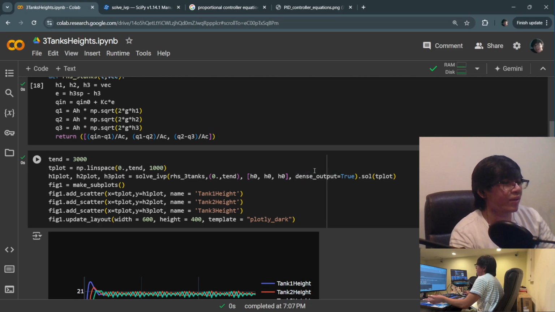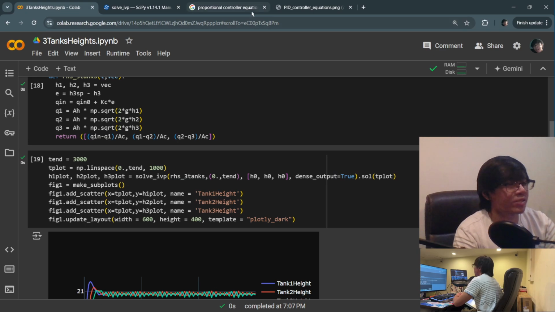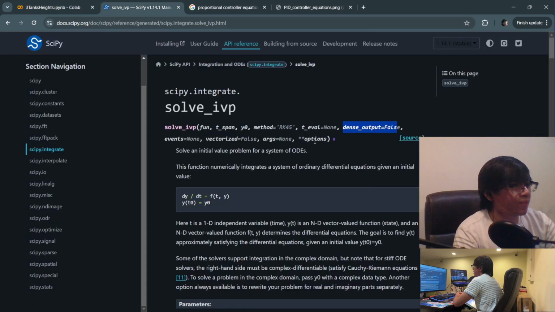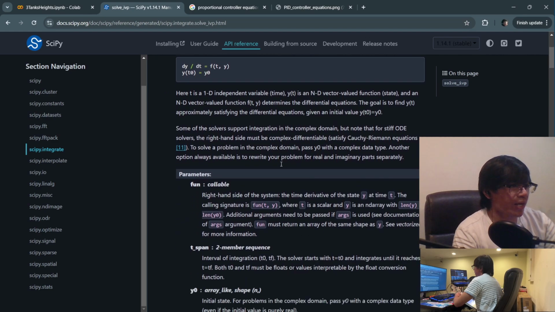Going back to my comment earlier, let me explain what that is now. Remember, solve IVP has many parameters, but we have this certain parameter, the method. It's the way it calculates our differential equation, our nonlinear first order differential equation. It's using this RK45 method.